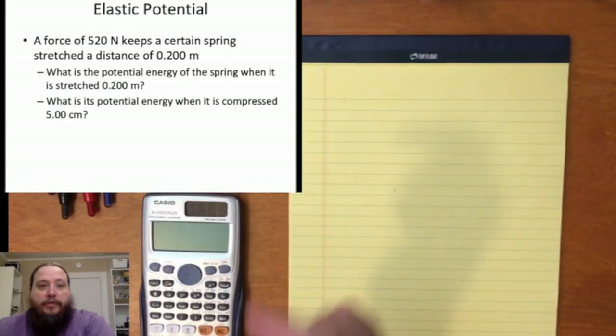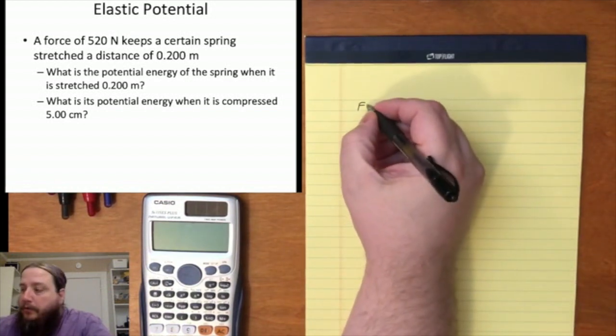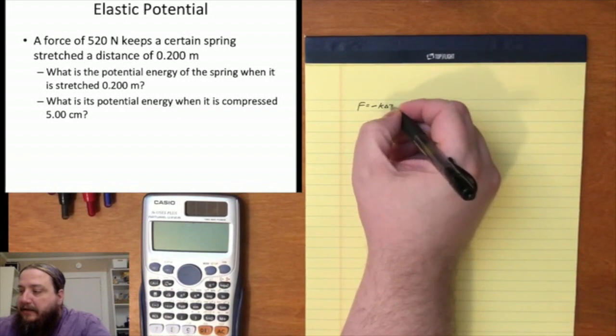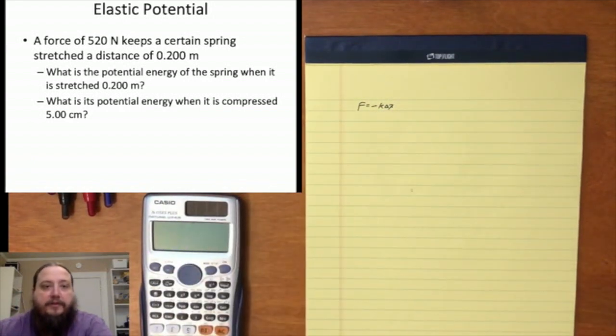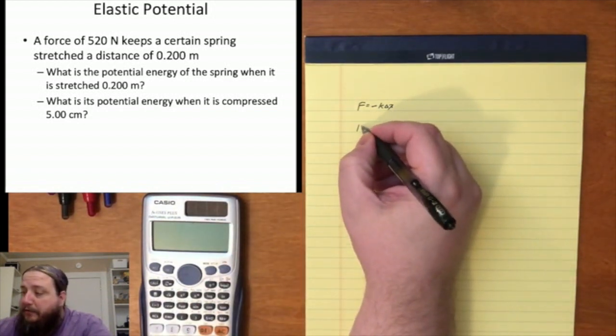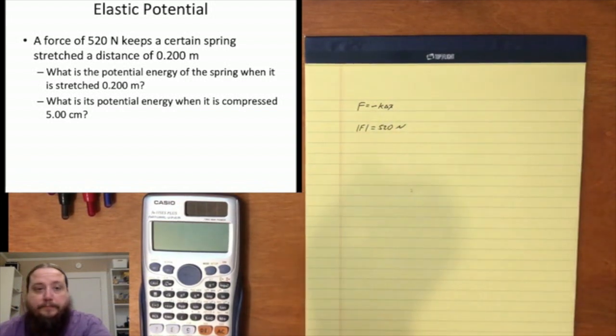So if we have a force here, which is minus k delta x, that's Hooke's law, and it takes 520 newtons to get us a stretch of 0.2 meters, then if we take the magnitude of force here, it is 520 newtons.